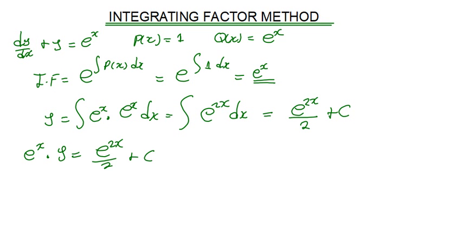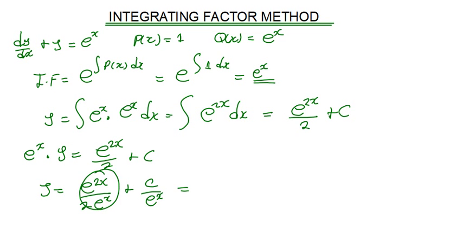So that would be like y will be equal to e to the 2x divided by 2e to the x, plus c over e to the x. Okay, so how is this now going to be?